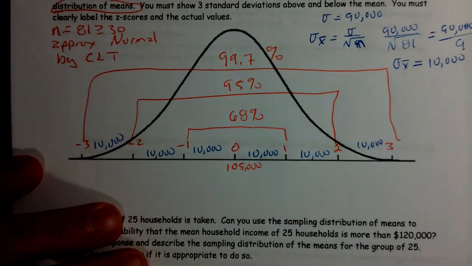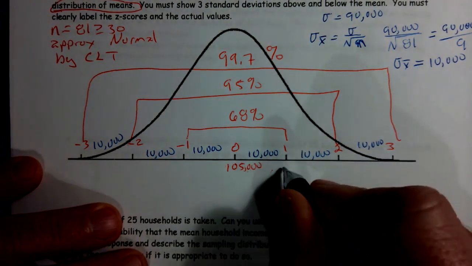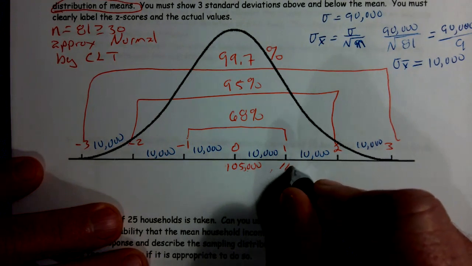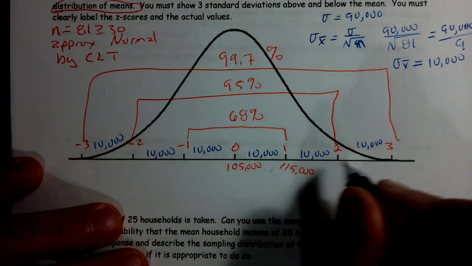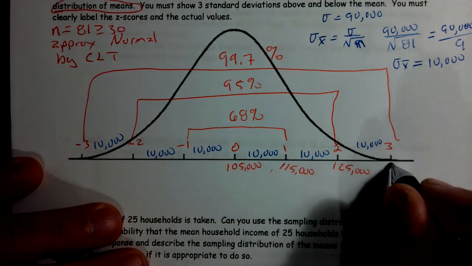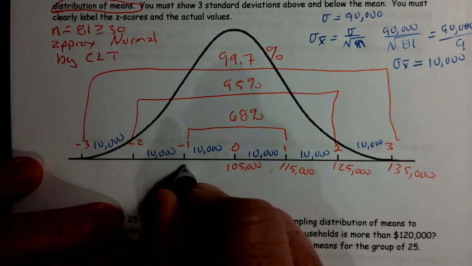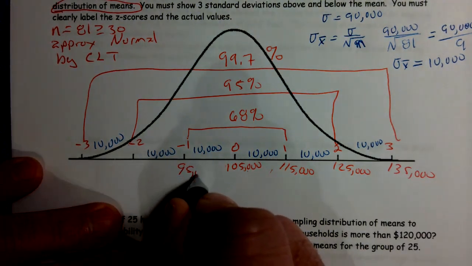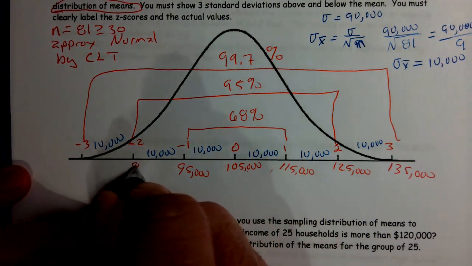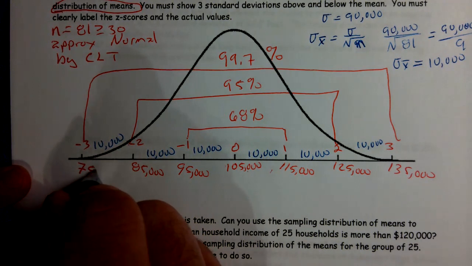All right. Well, that means if we're changing by 10,000, this is 105, this is 115,000. This is 125,000. This is 135,000. Over here, 95,000, 85,000, and 75,000.